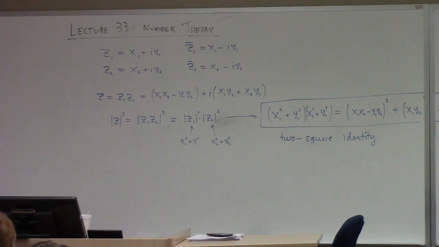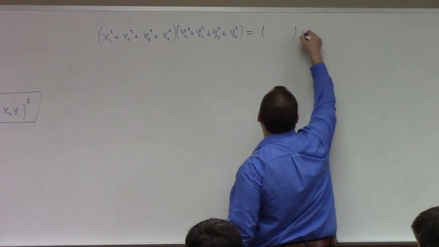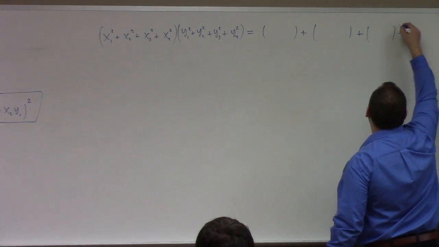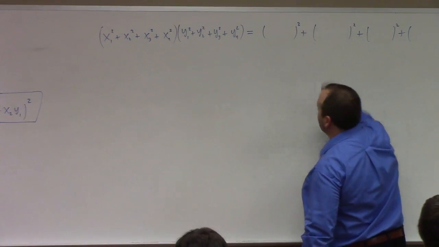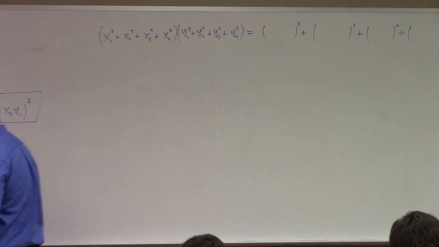I'm changing my notation. You can rewrite this as a sum of 4 squares. This is called the 4-square identity. But yes, it's not possible to do it for 3.